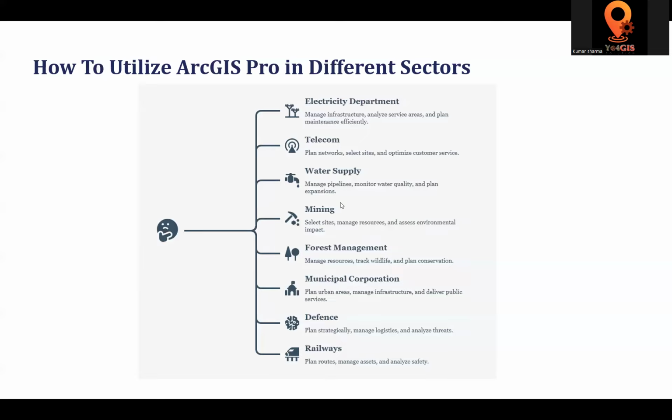Because of that reason, GIS is called a decision support system. It will provide you the result of the analysis quickly. And everything which is connected with the land, with the earth, if we want to do the planning of that, then we have to use GIS.